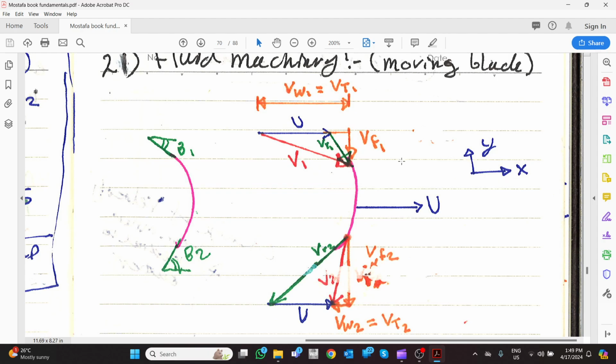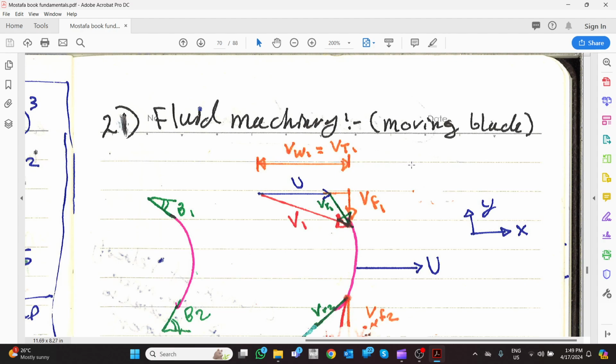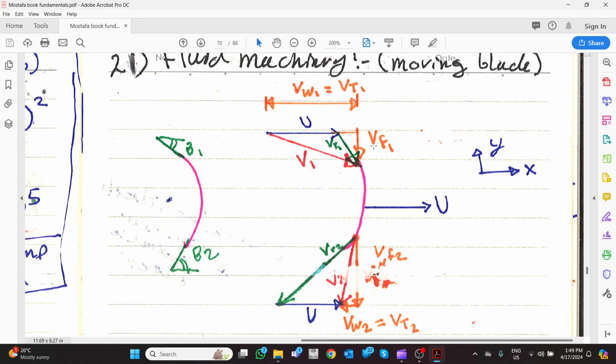All our fluid machinery are rotational machines like pumps, turbines, compressors, fans, blowers. But imagine, for simplicity, then after we'll go much deeper next time. So imagine you have V1 hitting the plate and the plate moving.